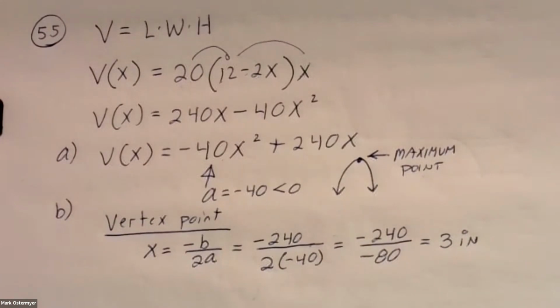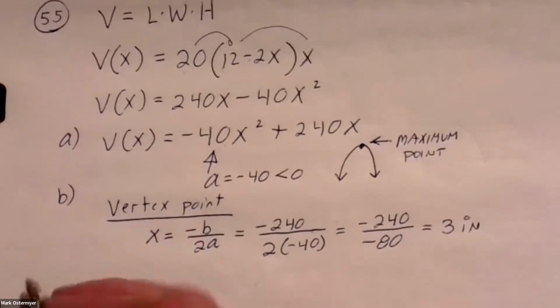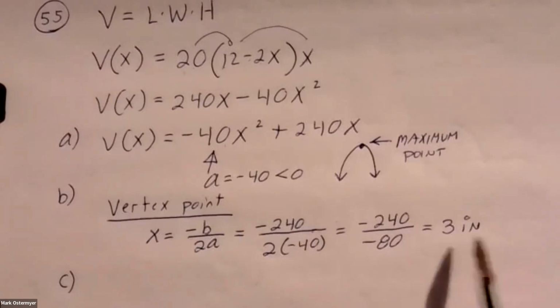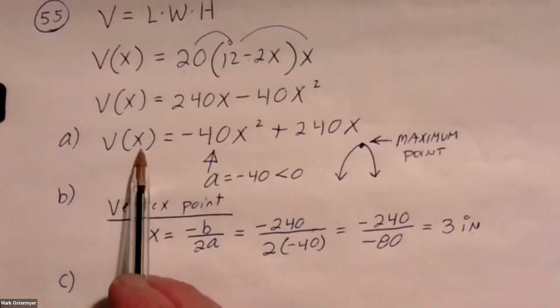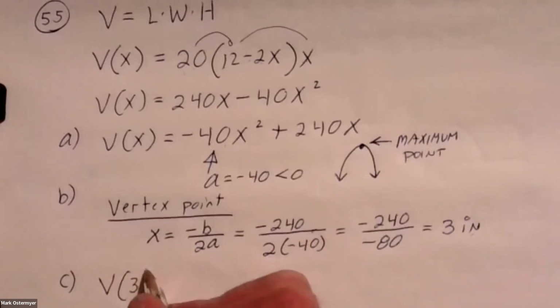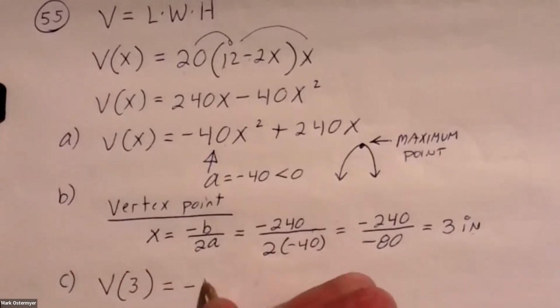And now for C, they want us to compute, okay, well, what actually will be the maximum volume that this gutter can carry away? Well, when X is 3 inches, we will put this back into our volume function here and crank out the maximum volume. So we evaluate our volume function at 3 inches.